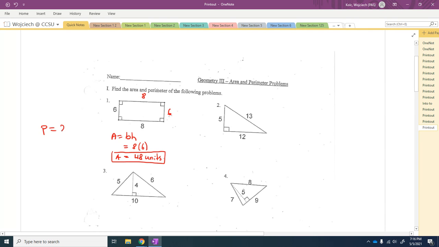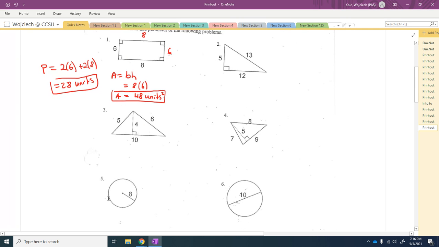So that will be 2 times 6 plus 2 times 8. If you do this, the answer will be 28 units. A little correction, area should actually be square units. So the perimeter will be just 28 units.